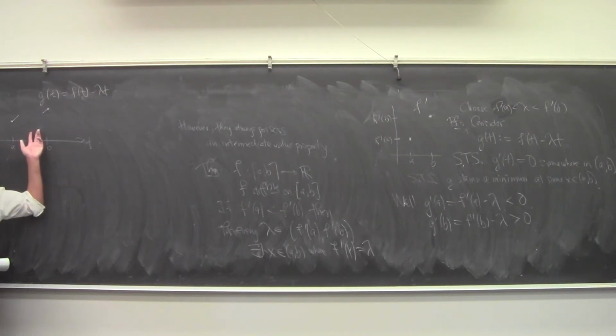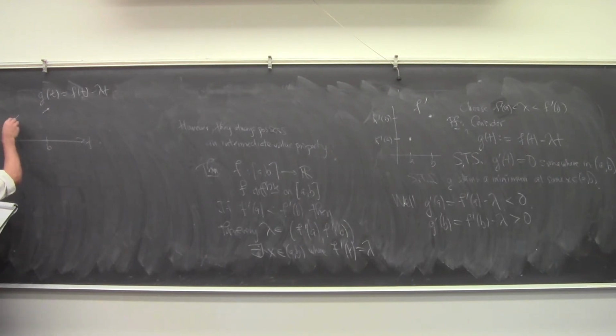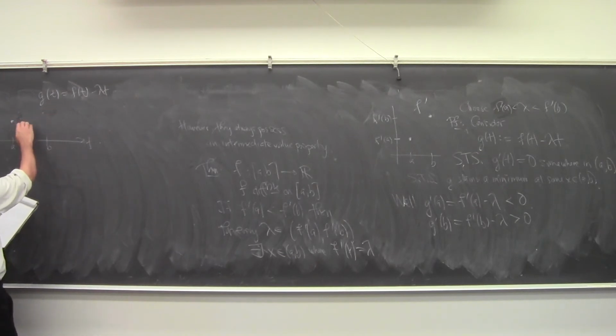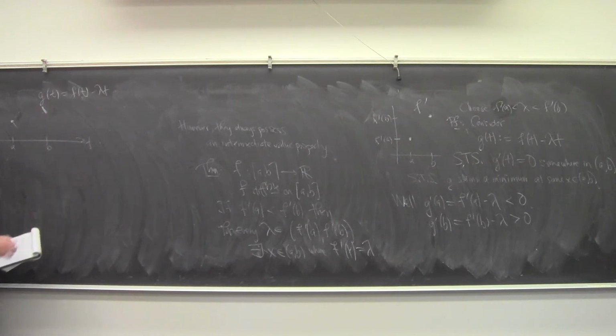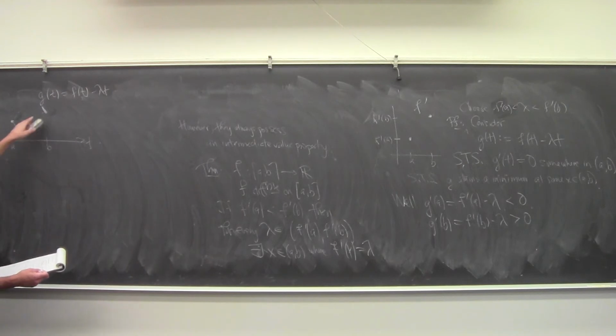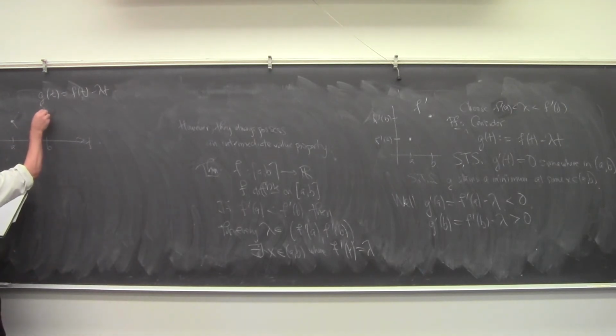So using what we said earlier, I'm going to take a line of slope half of that slope. Sorry, the slope here at a should be negative, and the slope here at b should be positive.